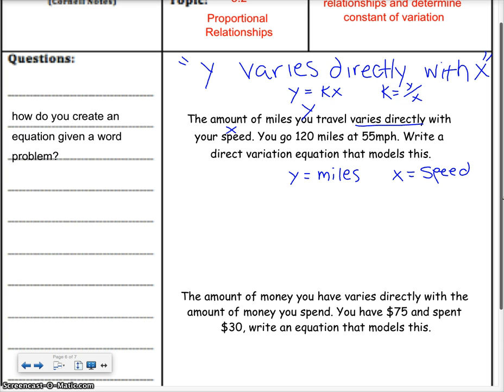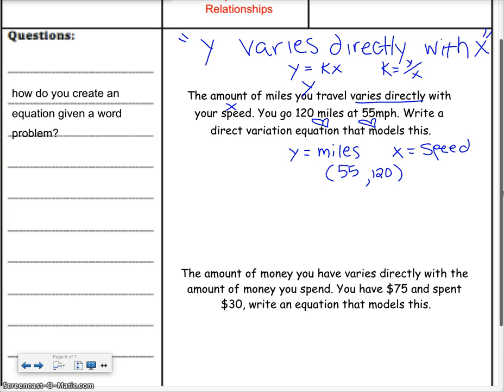So what I do is this situation they give me, I turn it into a point. So the miles, what's miles? X or Y? Y. So that's going to go there. 55 miles per hour, speed, that's X. And now I can do everything I need.